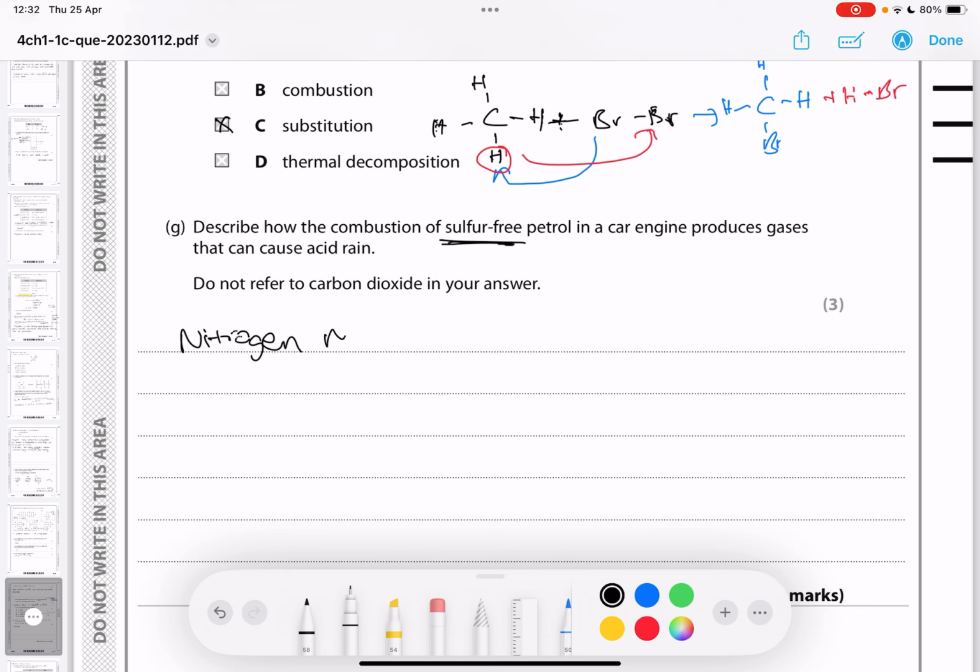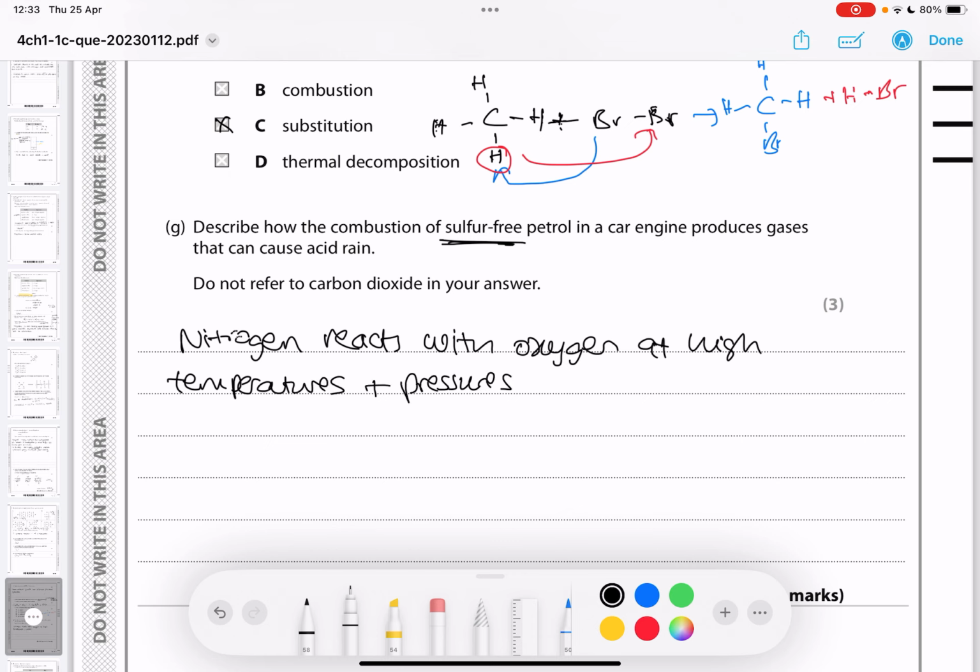Nitrogen reacts with oxygen in the car engine, and it reacts at very high temperature and pressure. Okay, now when nitrogen reacts with oxygen at high temperature and pressure, it produces oxides of nitrogen.